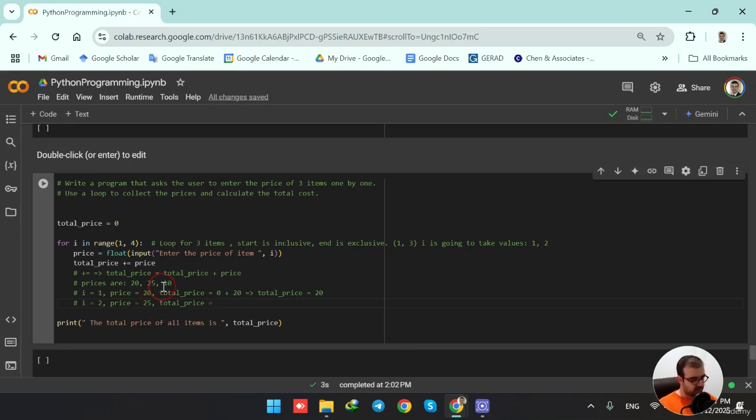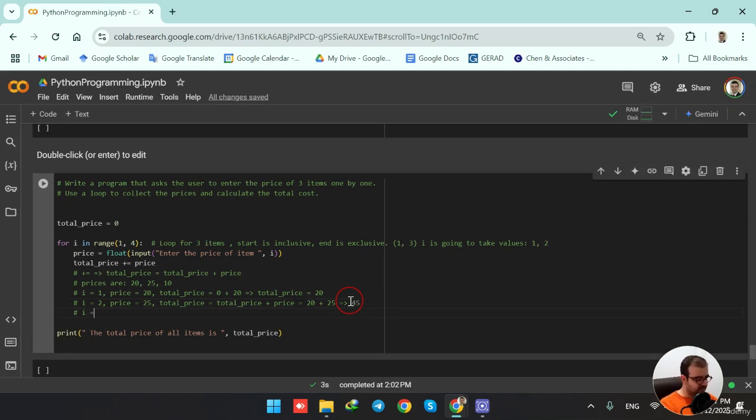So total price equals total price plus price. Here it is total price plus price, and total price was 20 from the previous iteration, and the newly entered price is 25, so it is equal to 45 now.